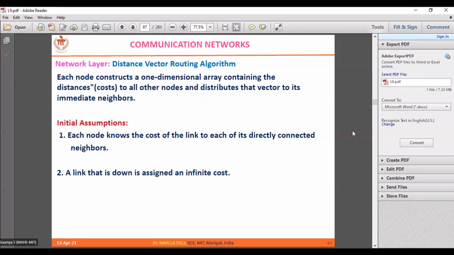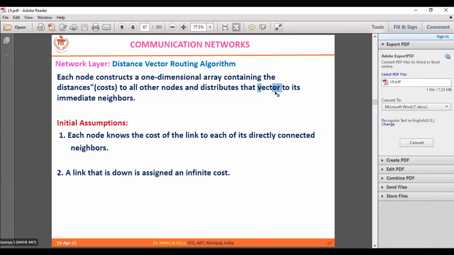It constructs a one-dimensional array containing the distances, cost or weight to all the other nodes, and distributes that vector to its immediate neighbors. Vector is nothing but the table. The routing table is also known as a vector table.